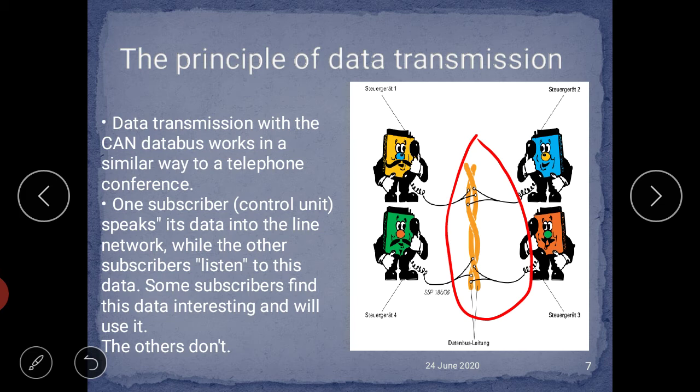So like this, someone finds that data useful, someone does not find that data useful, so others will skip it, and the one who wants that data or set of instructions will follow those instructions, okay.